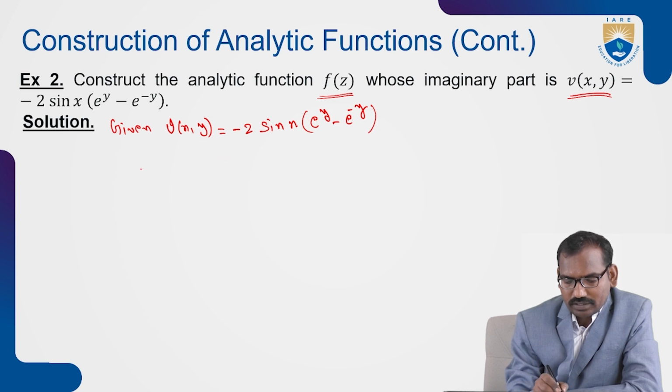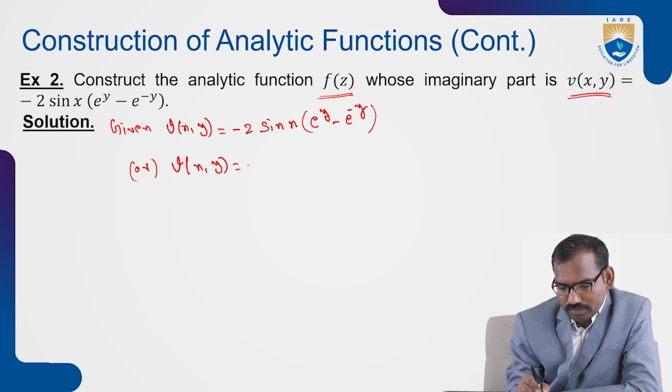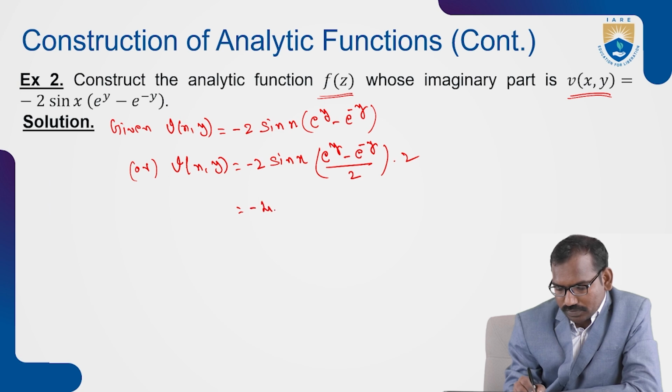So I am writing, for the above statement, v of x comma y is minus 2 sin x (e^y minus e^(-y)) by 2 into 2. It is nothing but minus 4 sin x.